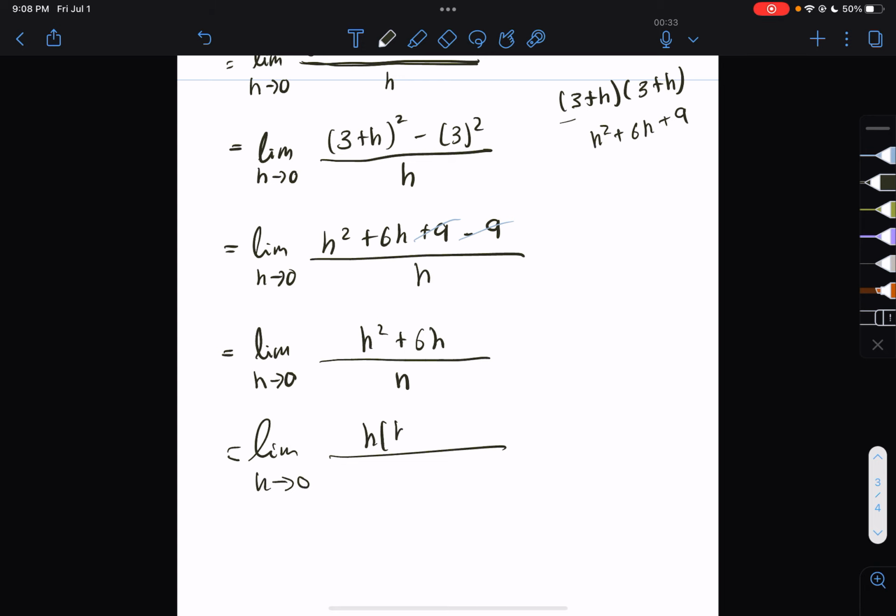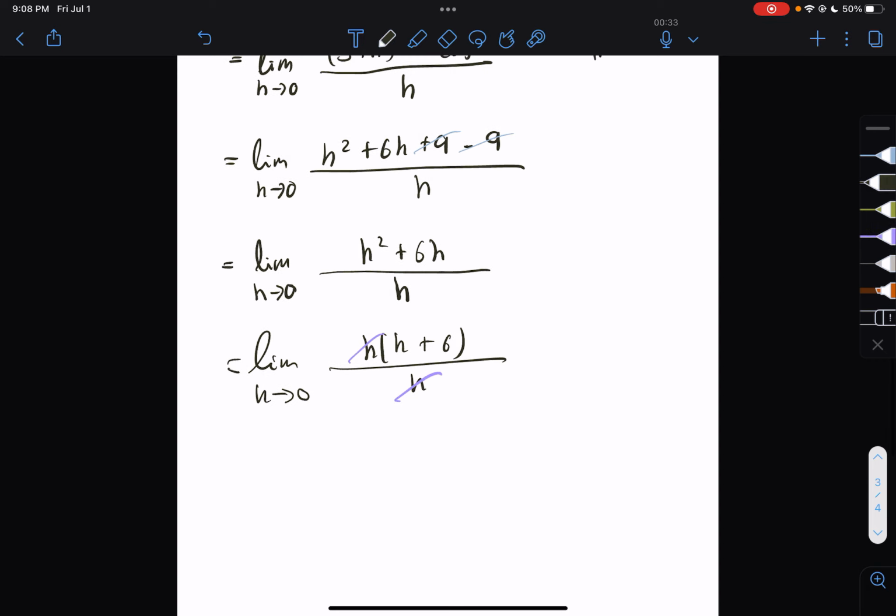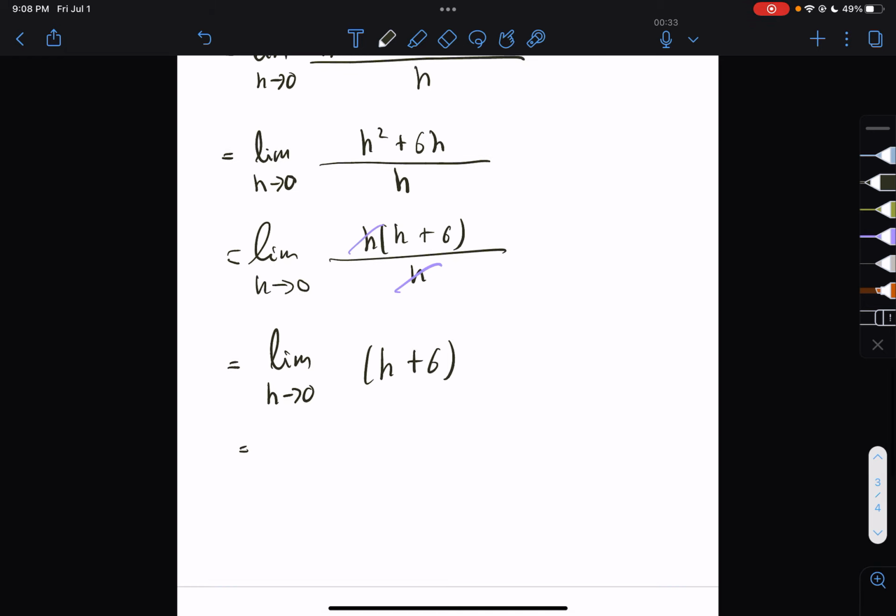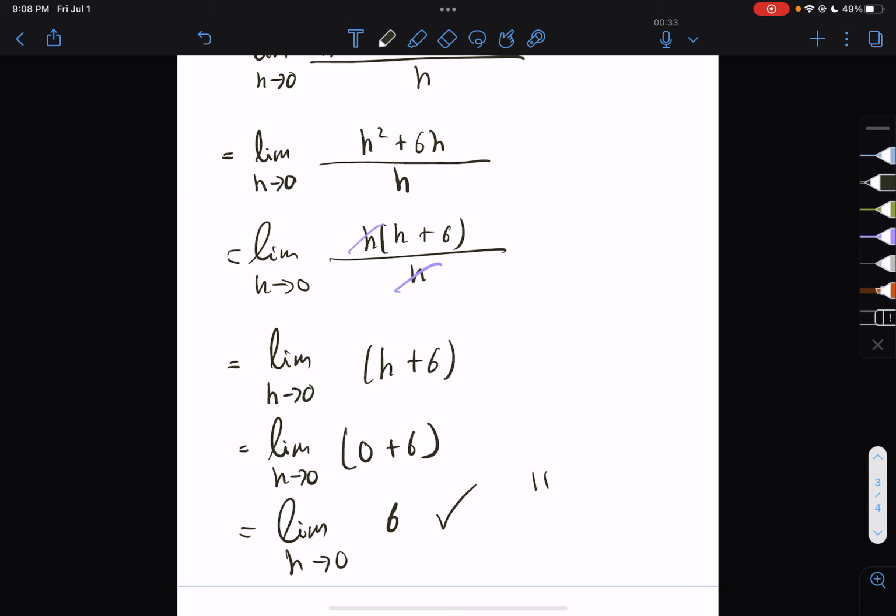So h plus 6 over h, and again, we can take these out. And now we have the limit of h to 0 of h plus 6, which we know that h is going to 0, so we just have to input it, right? So 0 plus 6 is 6. And once again, we've proven that both methods work. I hope this helps.